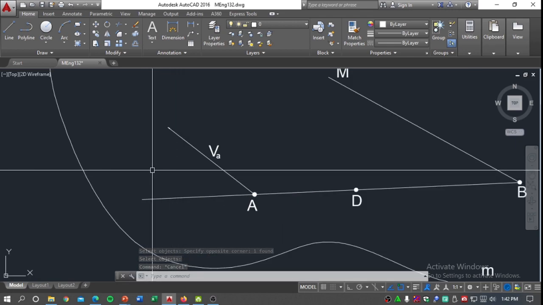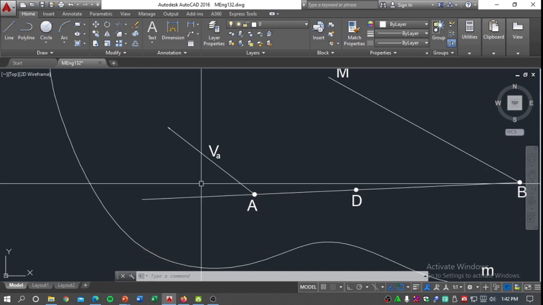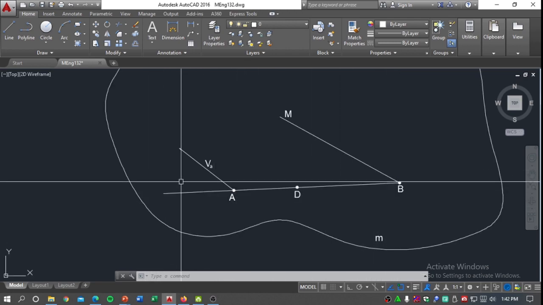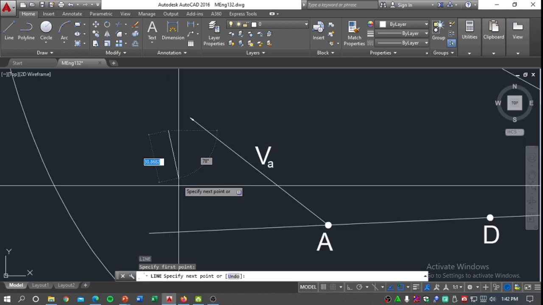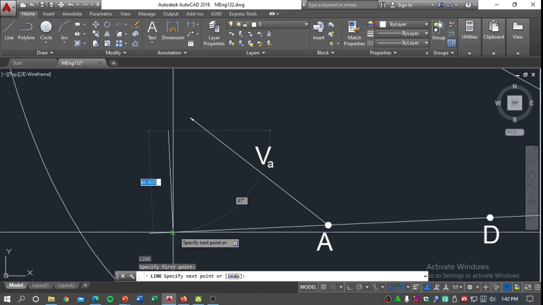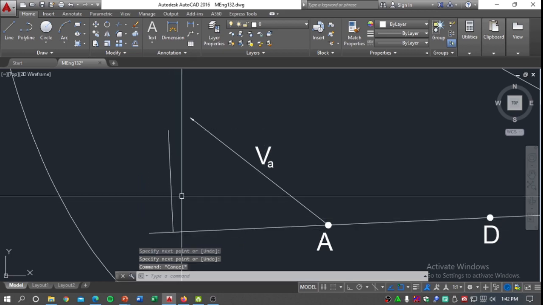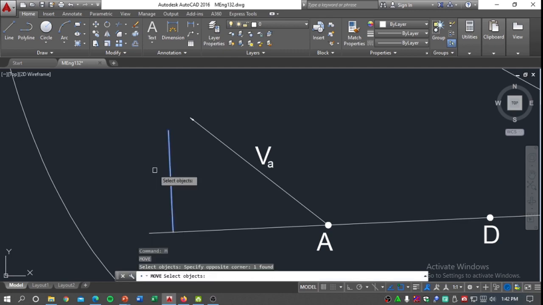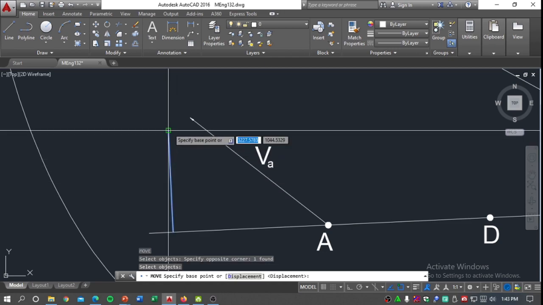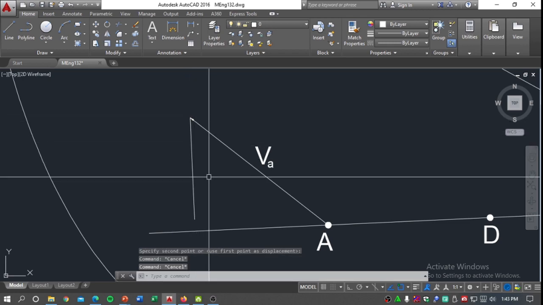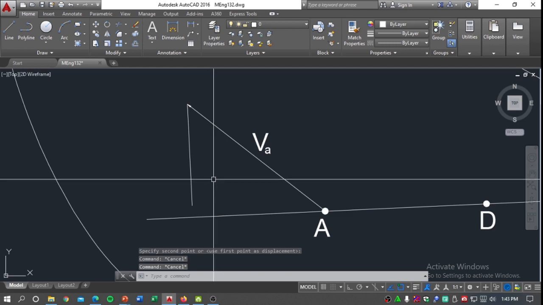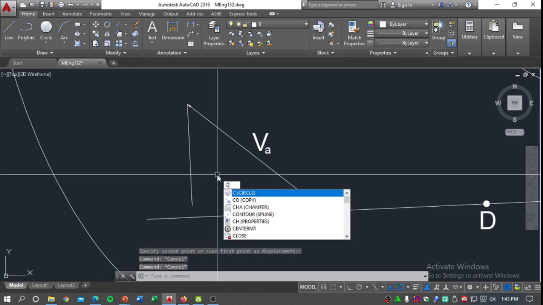Next, we have to draw a line perpendicular to line AB. So this is our line AB, and we draw a line perpendicular to it. Okay, so this is perpendicular, right? Then, by resolving the velocity vector VA into components, we have to transfer this line to the end of the vector. Then we extend this to the line AB.